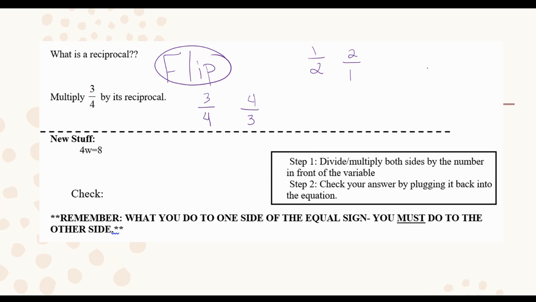The reciprocal of -3. Remember, this is really -3/1 though. So the reciprocal of that would be -1/3. If I would multiply each of these by its reciprocal, all of these would become 1.